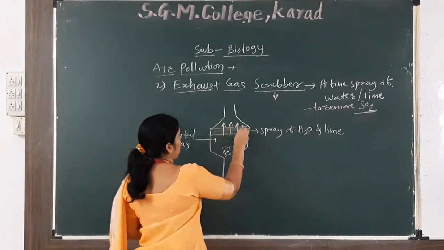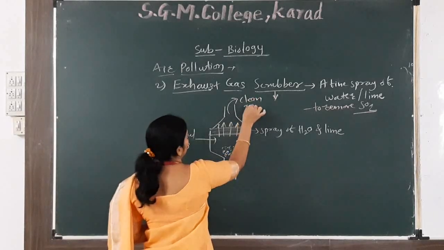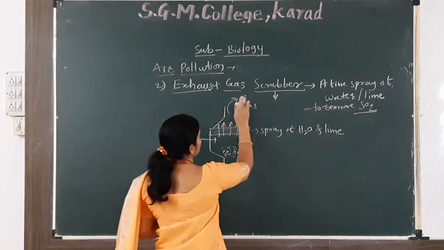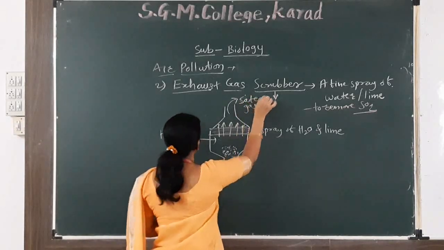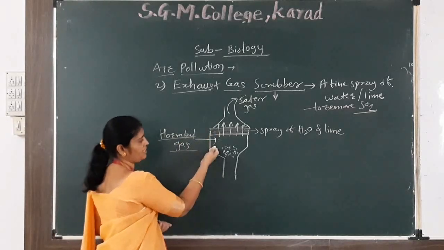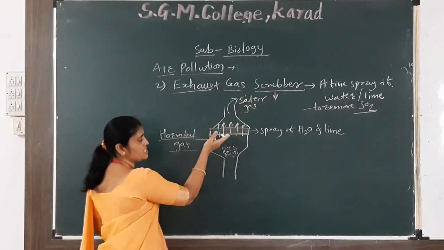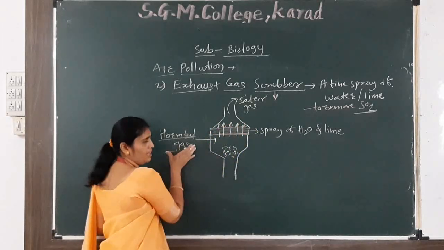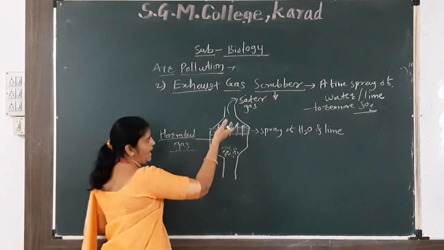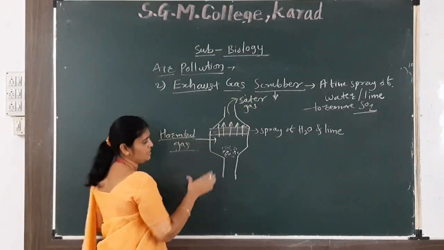is given outside. Here clean gas is given outside. So you can say it is clean, safer gas, because harmful gas is coming inside this apparatus where the spray of water and lime is introduced, and due to this scrubber the harmful particles present in the gas are collected at the bottom, and only safer gas is taken outside this apparatus.